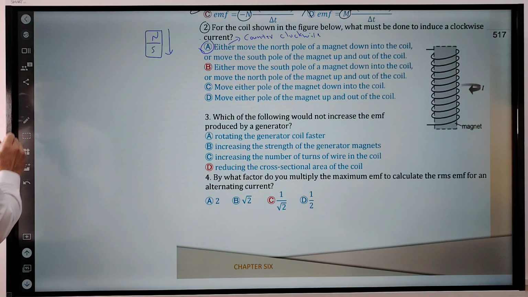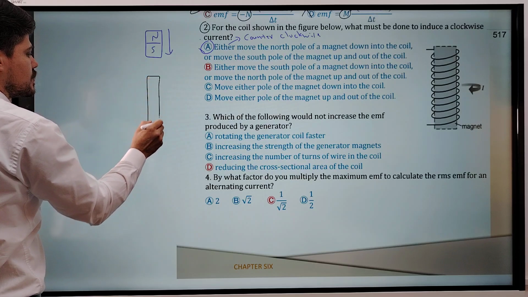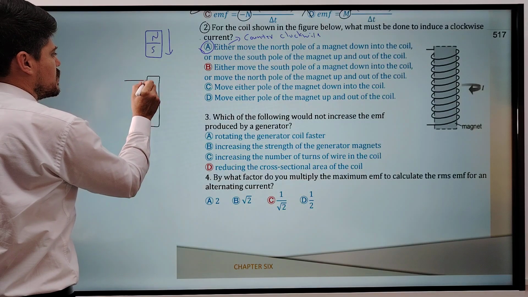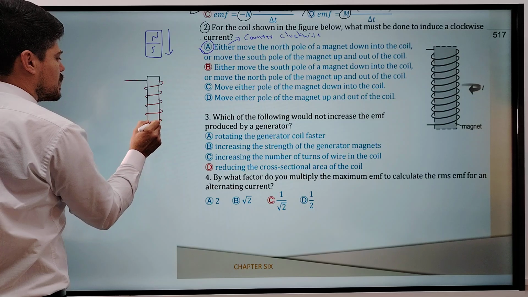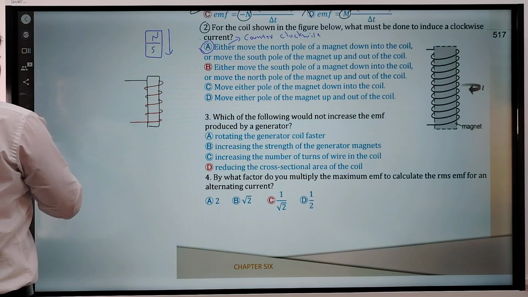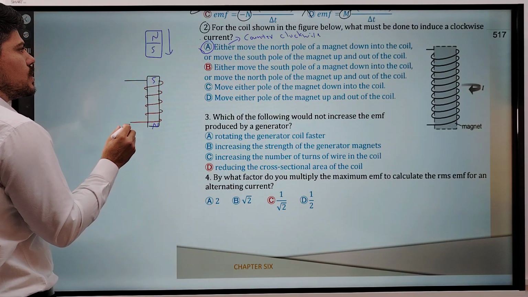Let me draw another figure. So the figure should be given in this question. In the case when we move down the south pole, this end also becomes south and this end becomes north.